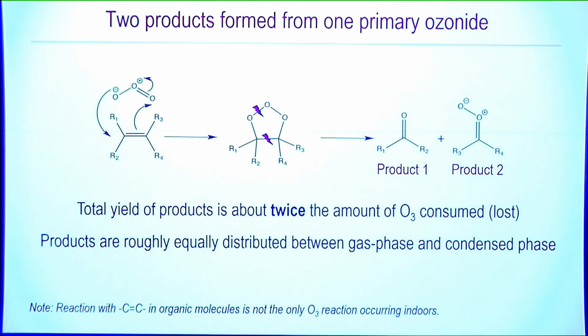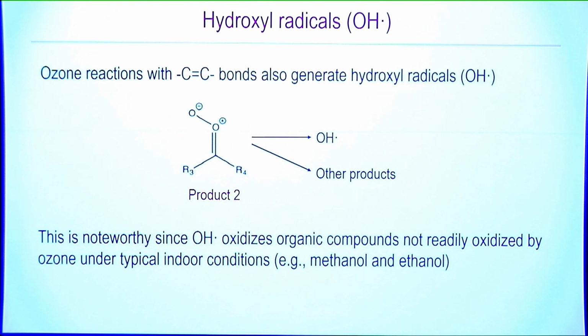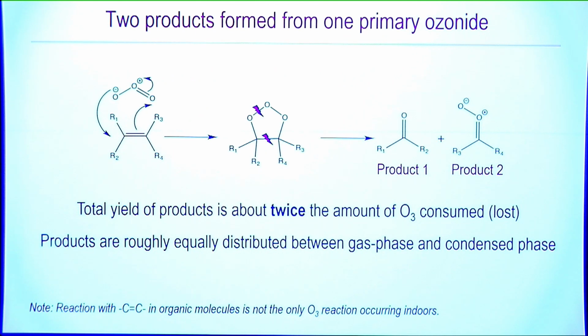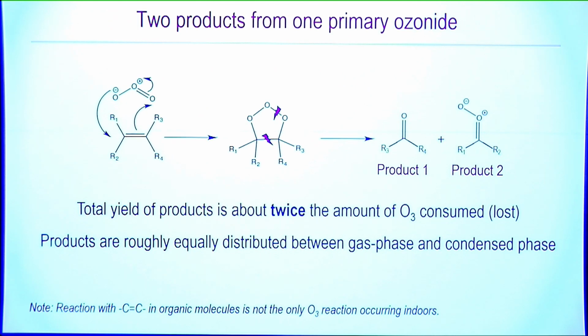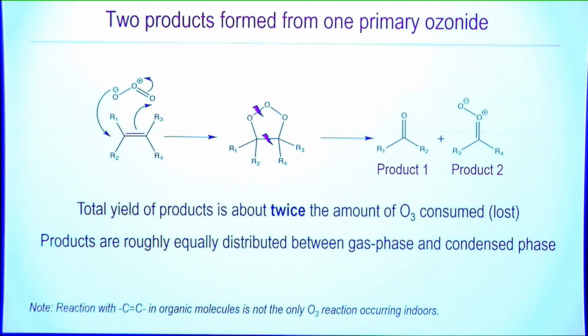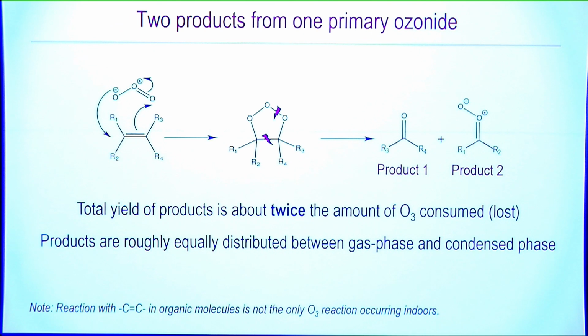Product 1 is typically an aldehyde or ketone. Product 2 is what we call a dicarbonyl. And it can break in two different ways. I'll just flash back and forth so you can see how that primary ozonide decays. And now that influences the R groups on the aldehyde and the Criegee intermediate.